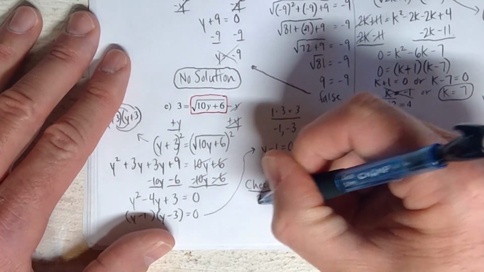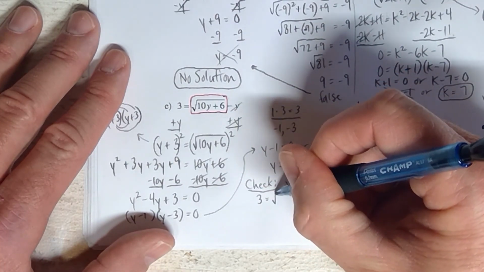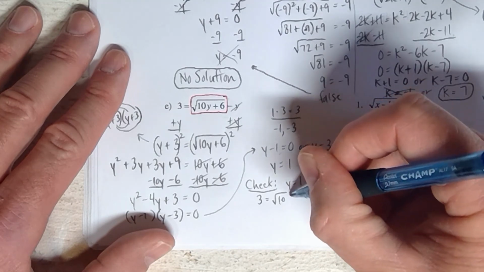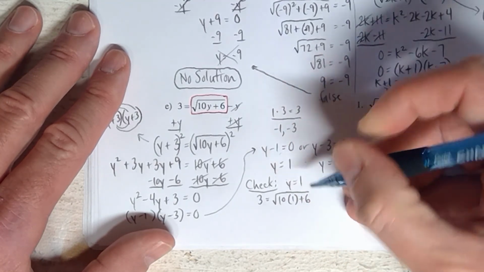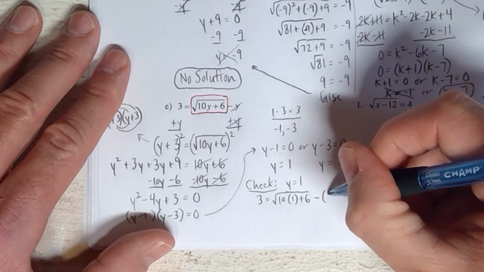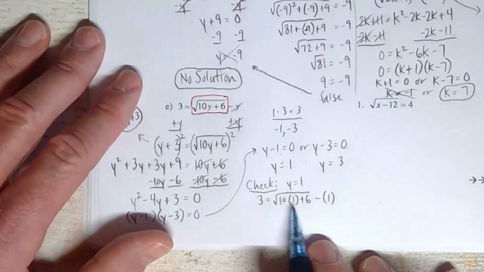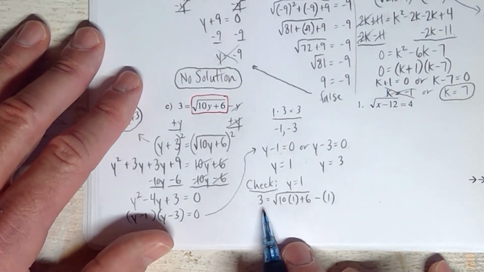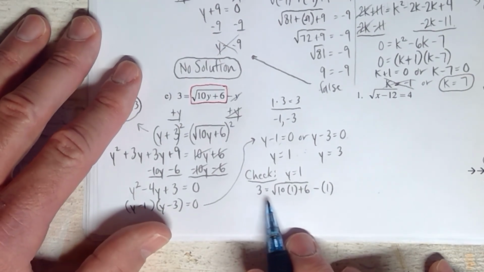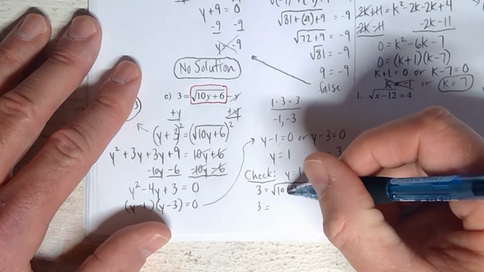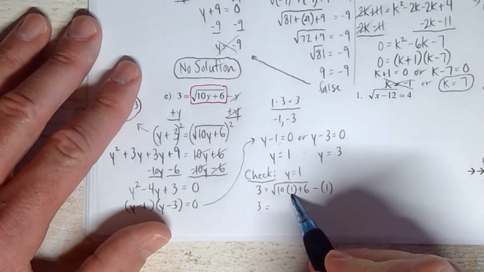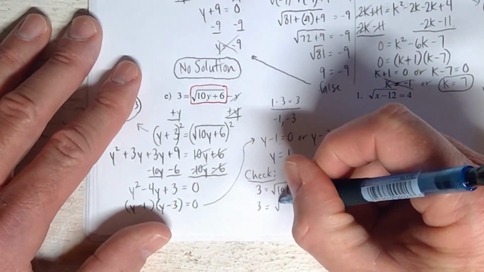I get 3 is equal to the square root of 10 times 1 plus 6, minus, and then you plug in the 1 there. So is this side equal to 3 over here? We already know this side's equal to 3. Again, you got to do the inside of the radical first. 10 times 1 is 10, plus 6 is 16.